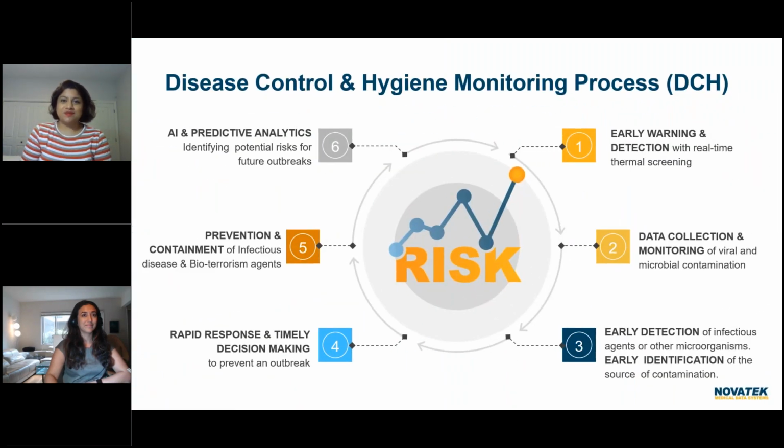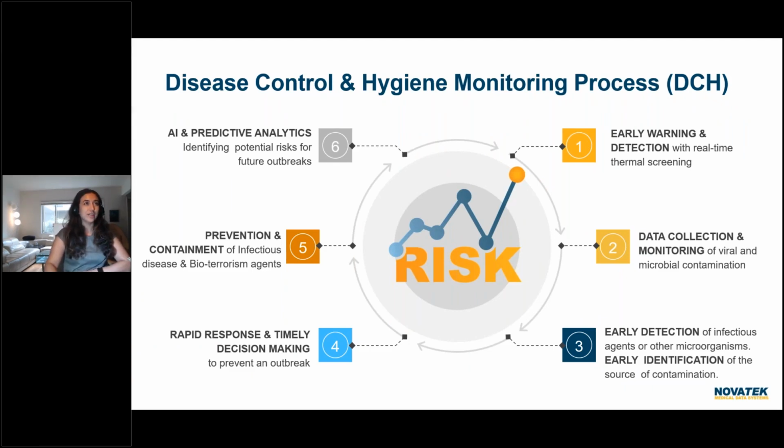Thank you so much, Nisa. As Nisa mentioned, we are talking about our disease control and hygiene monitoring software today, which we call DCH for short. I'll quickly go through the workflow and elements of the software application. First, it's early warning and detection with real-time thermal screening.